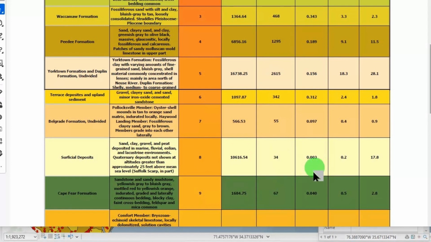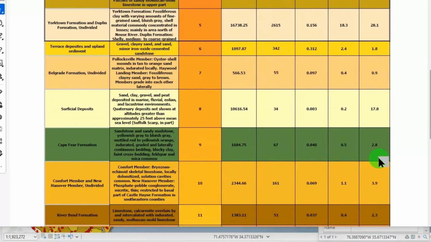Look at that density, 0.003 bays per square kilometer. So you need 1,000 square kilometers for three. Yeah, that about pencils in. That's 0.2% of all the bays, but at 17% of the total land area that contains bays.